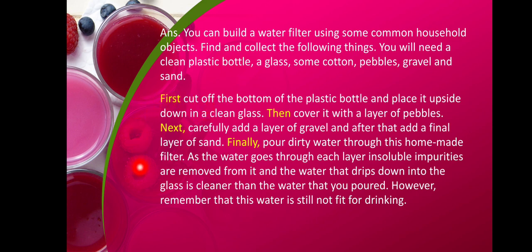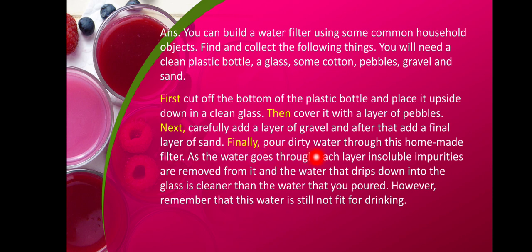Now let's see how the method was explained. First, see these words. First, cut off the bottom of the plastic bottle and place it upside down in a clean glass. Then cover it with a layer of pebbles. Next, carefully add a layer of gravel, and after that, add a final layer of sand.